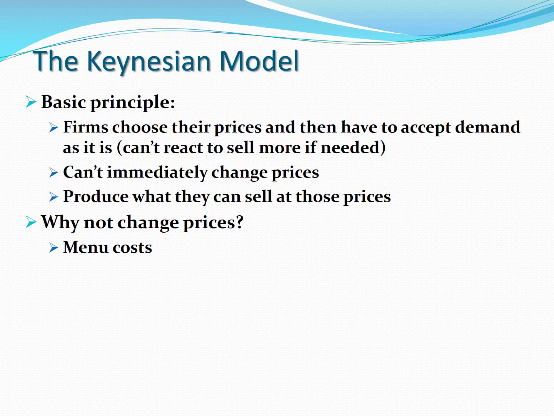Menu costs are an old term. Menu costs refer to the cost of replacing menus just to change the price of the items. And that's a fairly moderately small cost for a restaurant, but it is a cost.